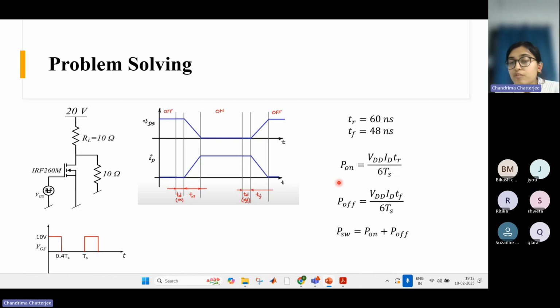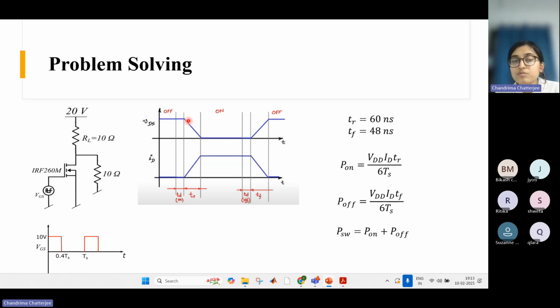And the formula for turn on loss is VDD ID times rise time by 6. And for turn off loss, the formula is VDD ID times TF by 6. So the derivation of these formulas, I already told the method for BJT. For MOSFET also, you can find it out in a similar manner.